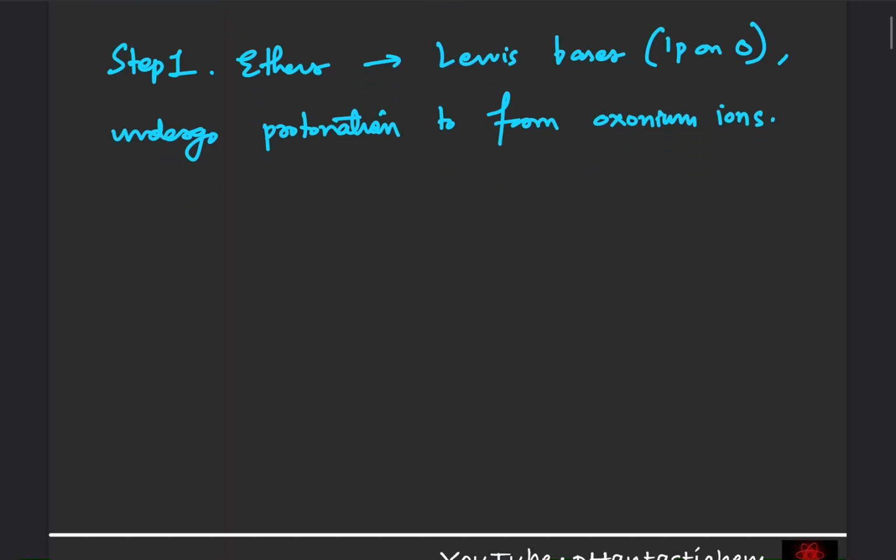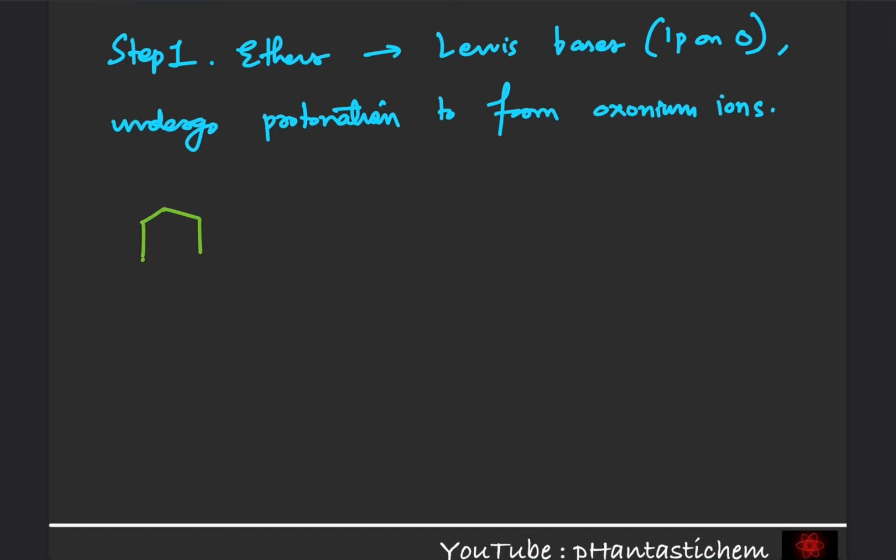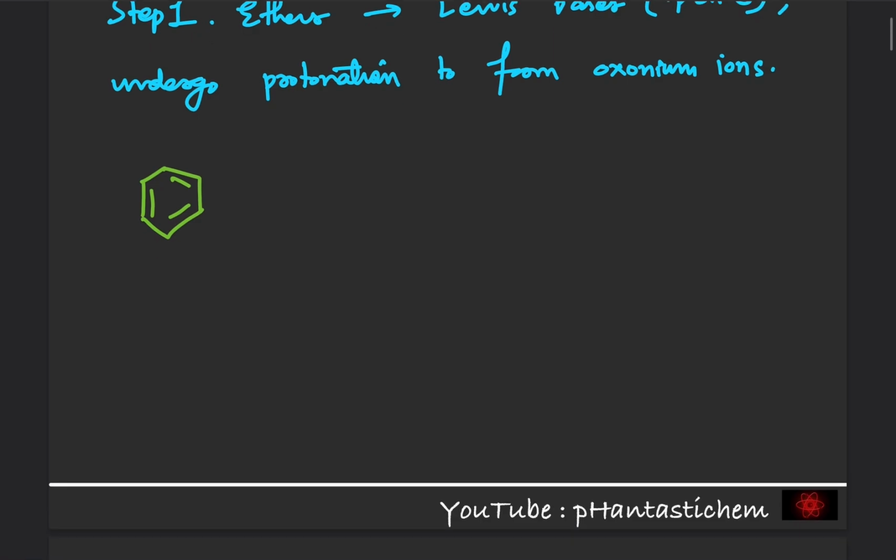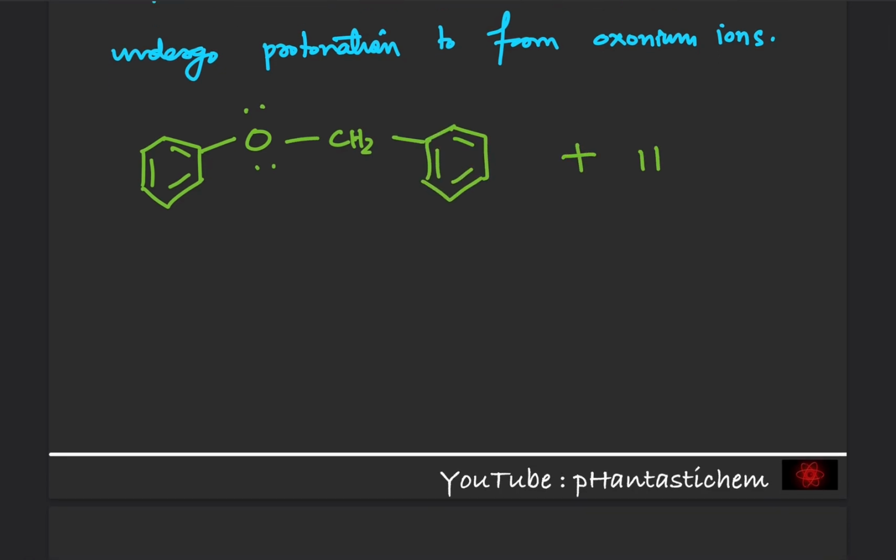With respect to the reaction, let's say this is the ether we are starting with: O with lone pairs, CH2 and a benzene ring, plus HI, which can be written as H plus and I minus.